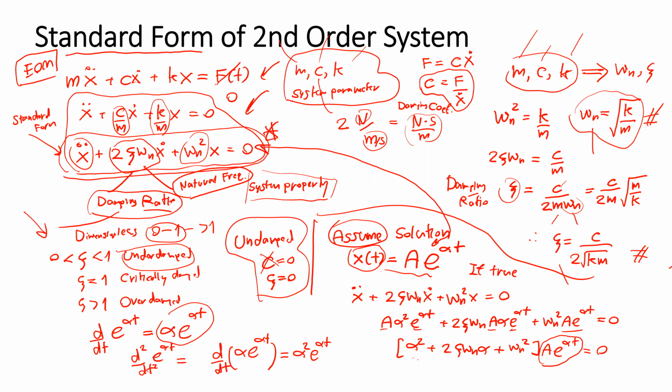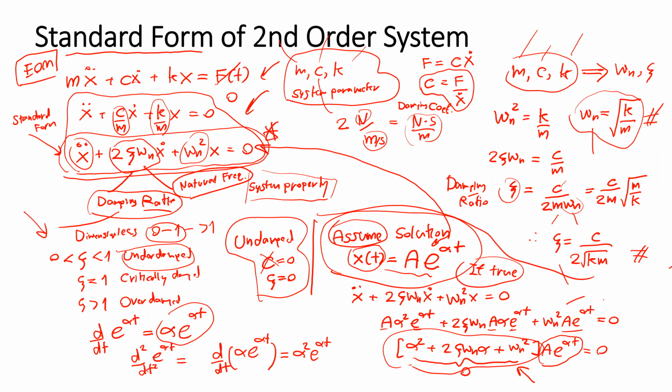It means that this one needs to be 0 so that this solution can be true. But it's not a big deal. If you want to make this one 0, it's not difficult, right? It's just a second order equation, and we need to obtain the quadratic root of this. Let me repeat this one in the next page.